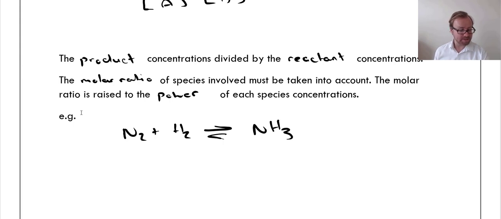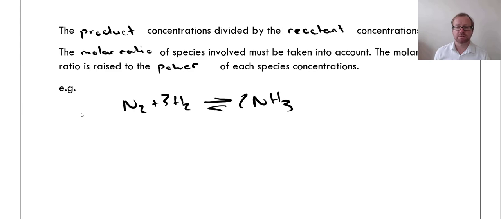Remember we have to balance it. So 3H2, 2NH3. So my Kc expression, actually you can have a go at doing your Kc expression. Can you please fill out a Kc expression for this reaction? Okay, well, I'm sure you've all managed to do it, so we'll quickly go through it.